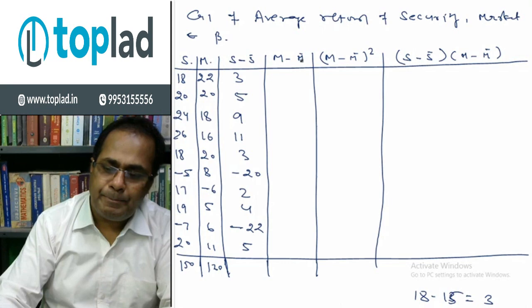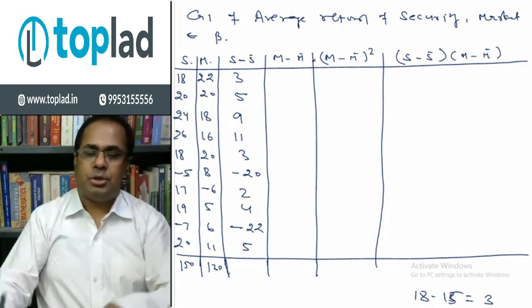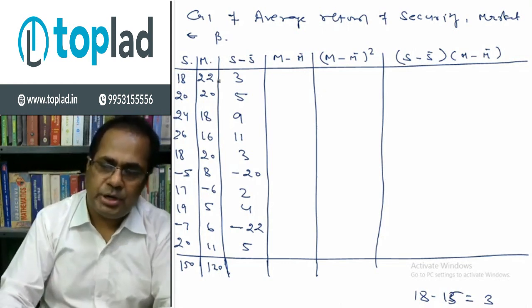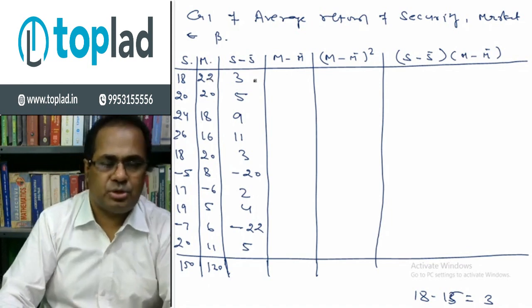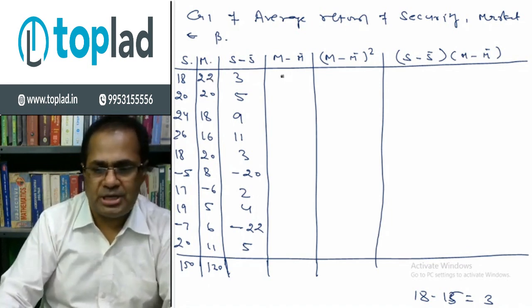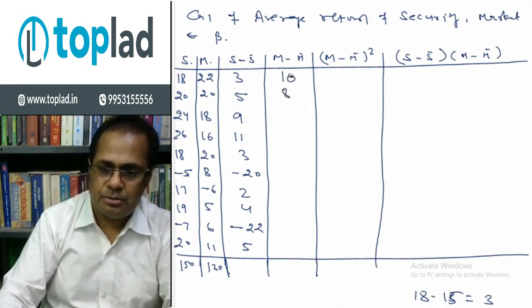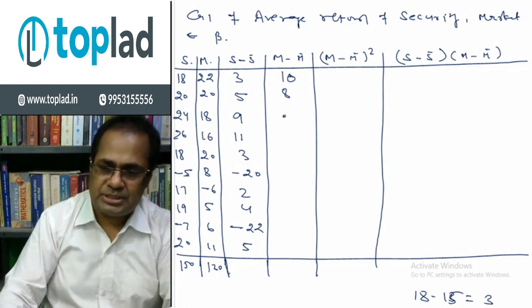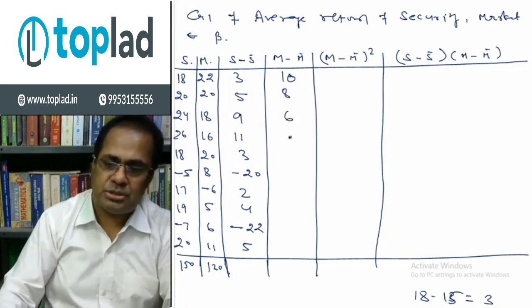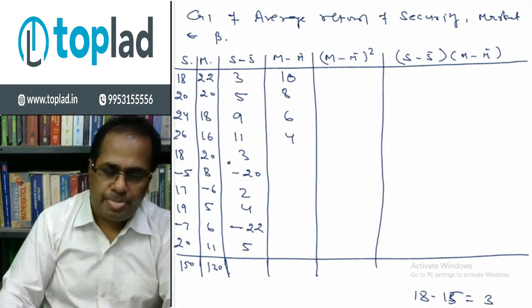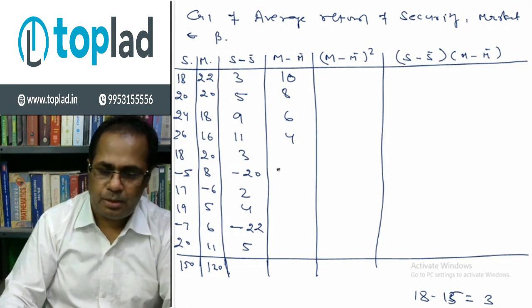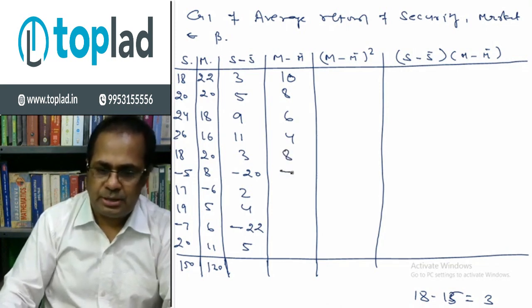Similarly, M bar is 12. So what will be M minus M bar? 22 minus 12, this is 10. 20 minus 12, this is 8. 18 minus 12, this is 6. 16 minus 12, this is 4. 8 minus 12, this is minus 4. 20 minus 12, this is 8. 8 minus 12, this is minus 4.